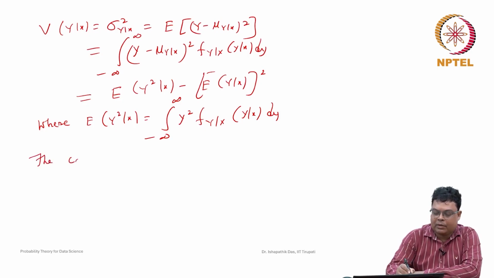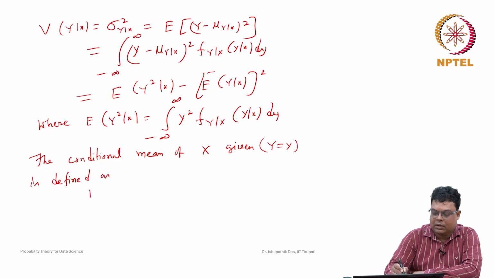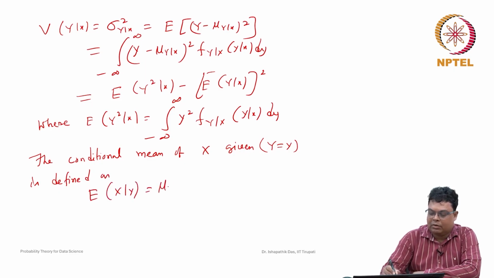The conditional mean of x given y equal to some value y is defined as the expected value of x given y, denoted as mu x given y, which is the summation.